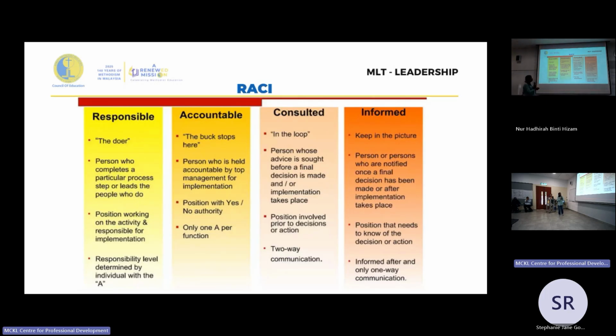So we need to have these four pillars. This is what we call RACI.